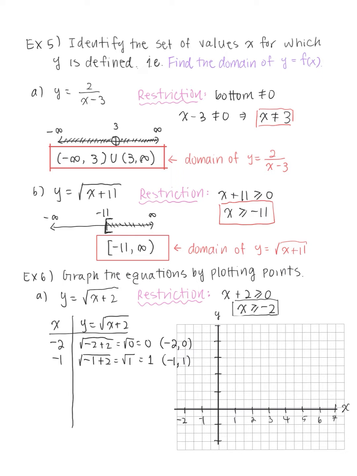Okay. So now let's pick 0. Now notice that if I plug in 0 in here, your y value is going to be the square root of 2. Now we need a calculator for that, so let's stay away from it. So what will be the next very nice number? Well, if I have 4 as a radicand, then the square root of 4 becomes 2, doesn't it?